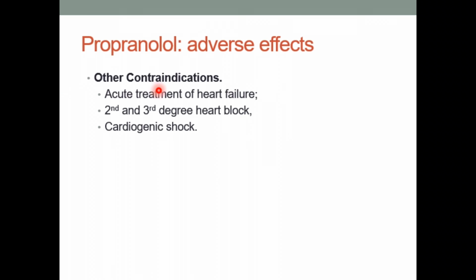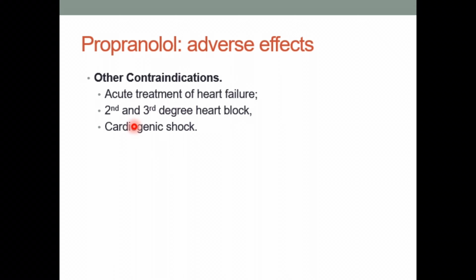Contraindication: you don't give it to a patient who has heart failure. Heart failure means the heart is not at its best function to produce the cardiac output to supply the demand of the body. If you give a beta blocker, you further reduce the function of the heart and aggravate the heart failure.